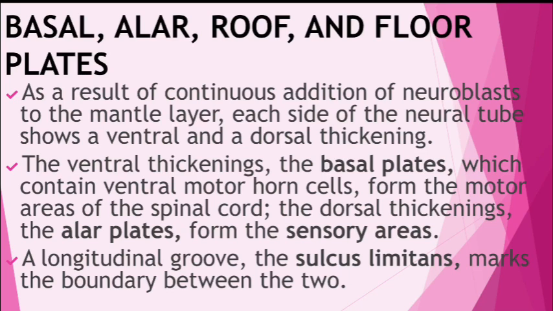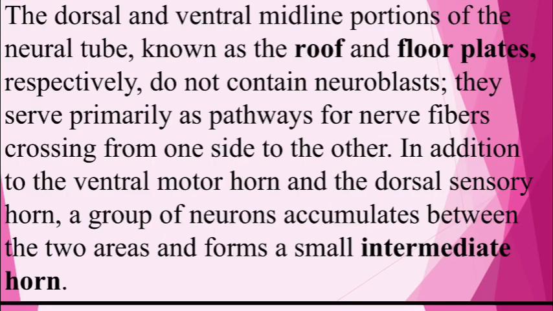The dorsal thickening is what we call the alar plates by the right and left. They form the sensory areas. You have a longitudinal groove, what we call the sulcus limitans, that marks the boundary between the alar plate and the basal plate. The dorsal and ventral midline portions of the neural tube are known as the roof and floor plates.